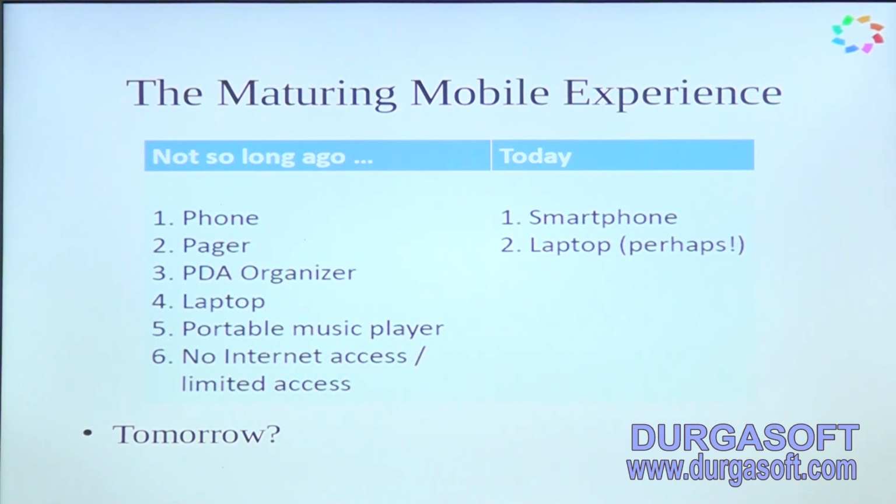But all these six are not the only things, there could be other technologies used previously, but they have all been compressed into a single thing called the smartphone. So you can do all those things in one single smartphone.